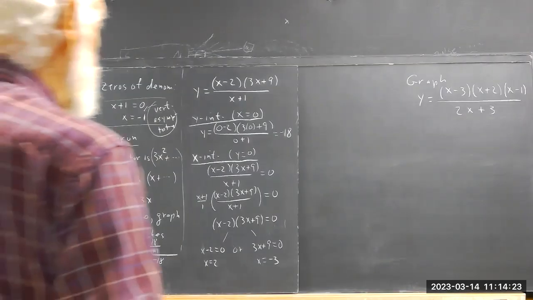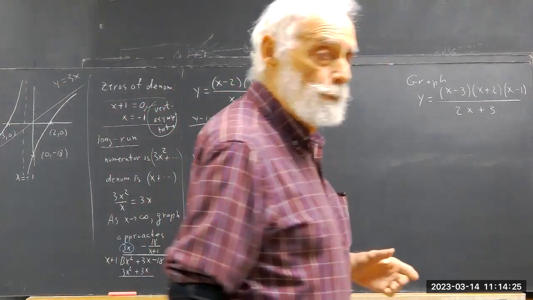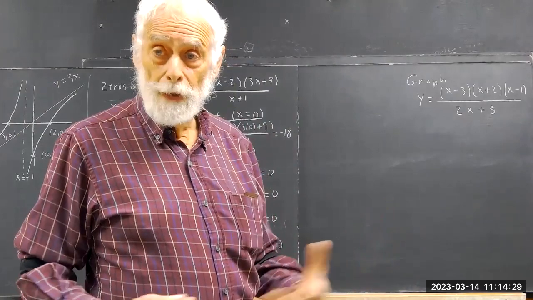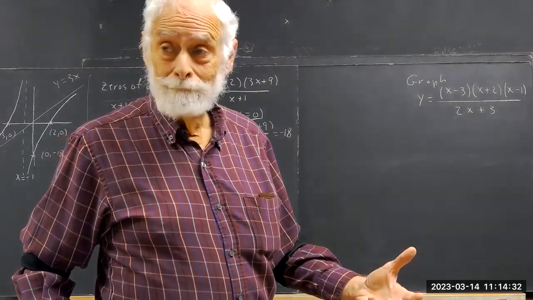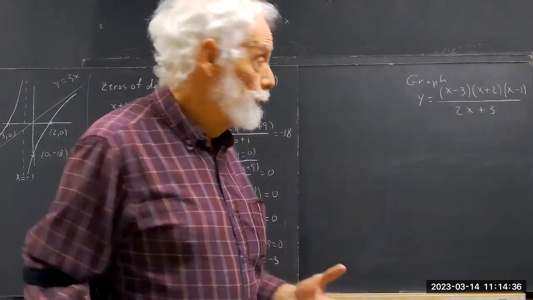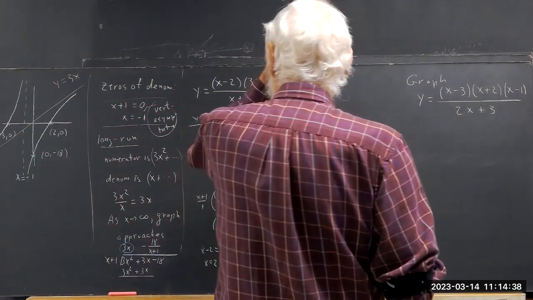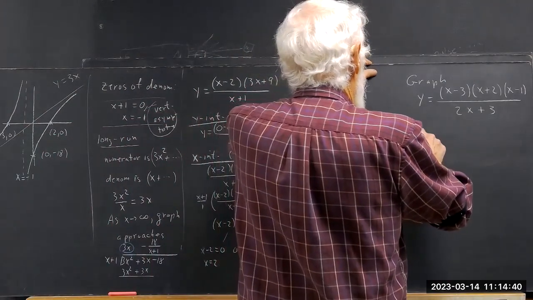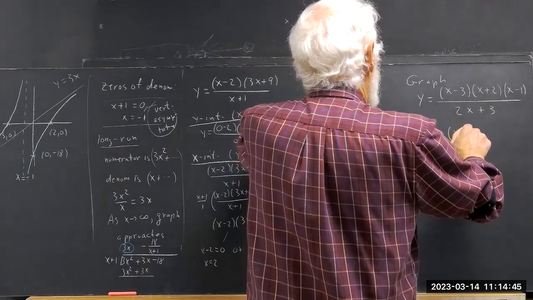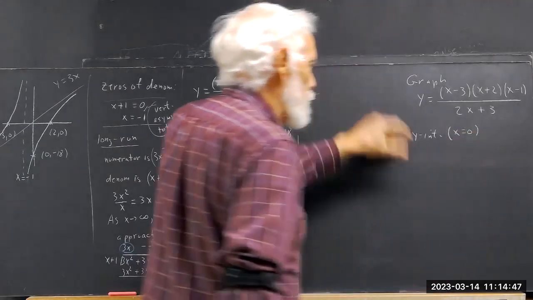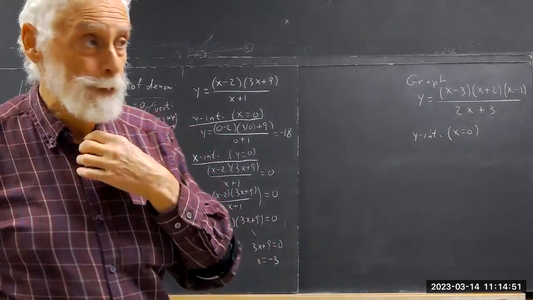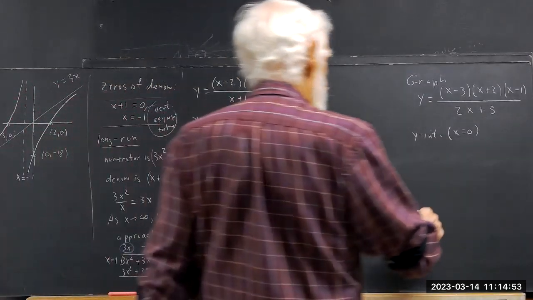Okay, so we're going to graph this thing. Now we know that when we graph anything, the first thing we want to do is find the axis intercepts. I mean, there are other things we could do first, but that's what we've gotten used to doing. So the axis intercepts. I'm going to write down y-intercept, and then in parentheses, x equals 0, because we know that the y-intercept occurs when x equals 0.